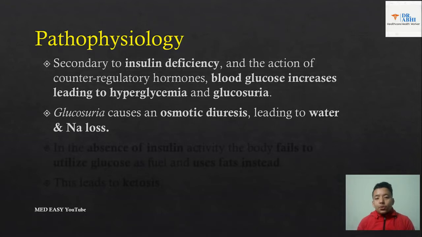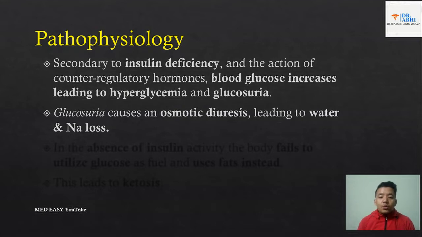what is the pathophysiology of diabetic ketoacidosis? Secondary to insulin deficiency, we must not forget that the main culprit for diabetic ketoacidosis is insulin deficiency. Secondary to insulin deficiency and the action of counter-regulatory hormones, blood glucose increases leading to hyperglycemia and glycosuria.